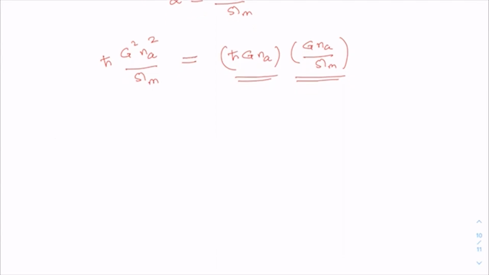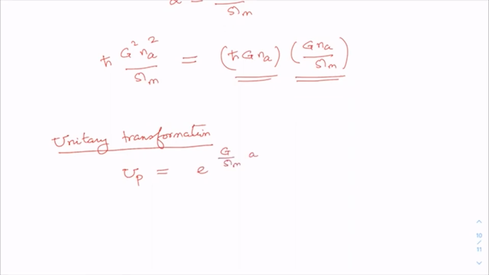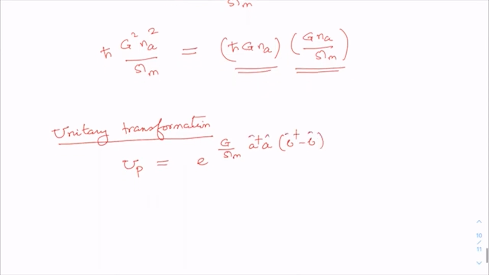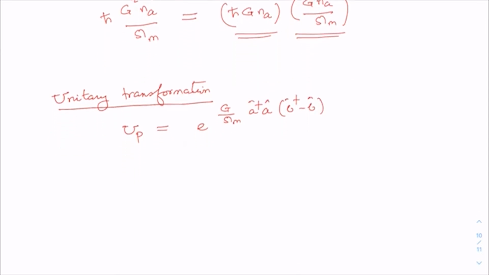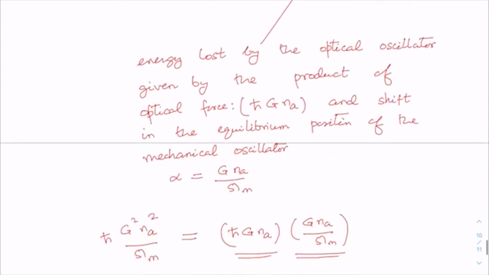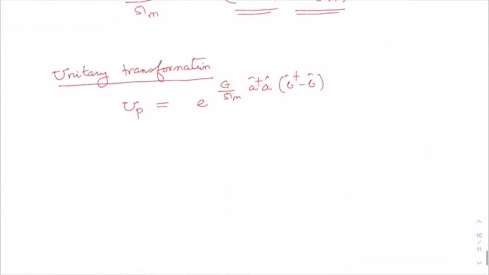We can use a unitary transformation known as the polariton transformation, defined as U_p equal to e to the power (z/Ω_m) a†a (b† minus b). Let me write down the Hamiltonian once again.